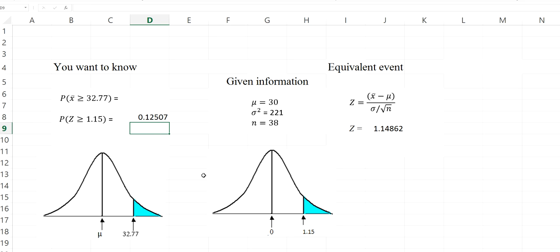So it is 0.1507. So this area and that area are equal. This probability and that probability are the same. So you have learned how to compute the right-sided probability.